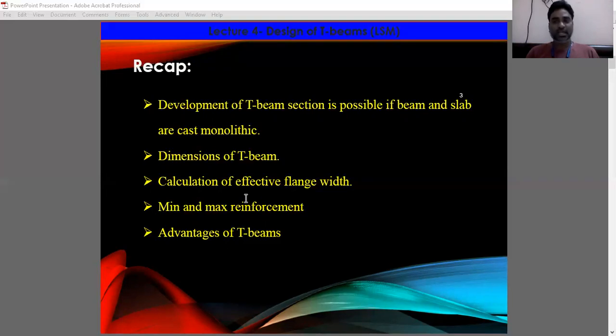So the condition is that the provided or required reinforcement should be greater than the minimum reinforcement and less than the maximum reinforcement. At last, we discussed the advantages of T beams as compared to rectangular beams or normal beams. These are the things we discussed in our last class.